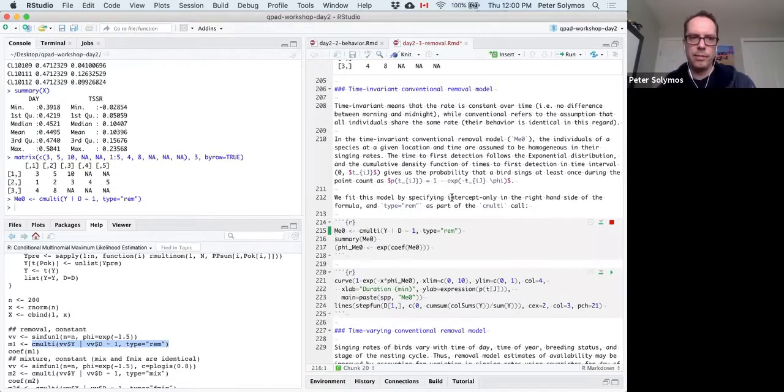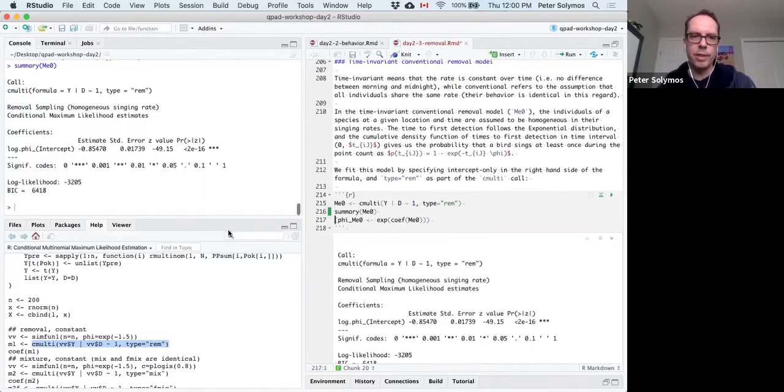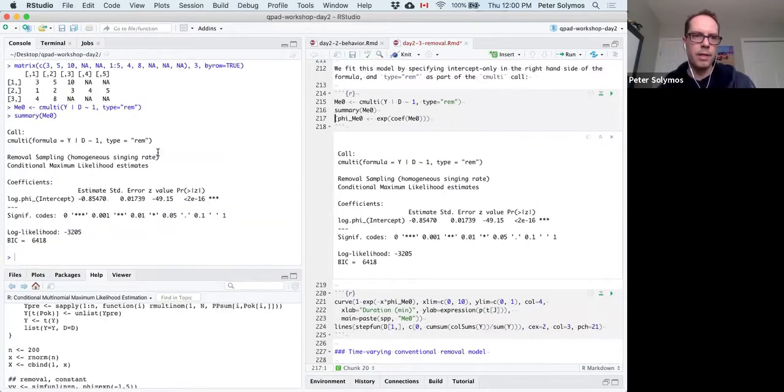So we run this. We get a nice summary. You can see the call, removal sampling, homogeneous singing rate, conditional and maximum likelihood estimates, log phi is our intercept, and we get minus 0.85. Standard error, p-value. As we talked, p-value has no meaning here.